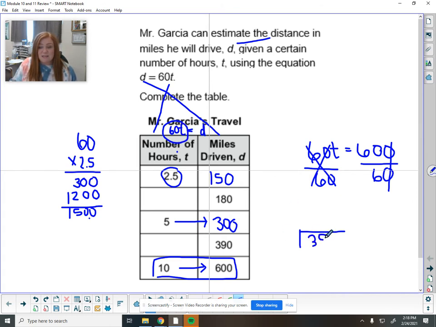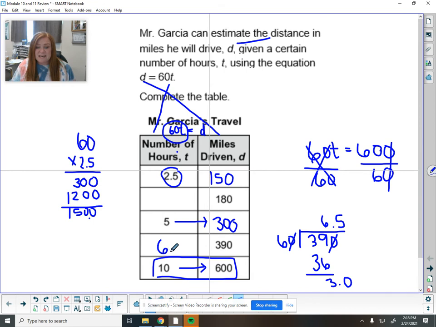So this first one is 390 divided by 60. I notice they both end in 0, so I can actually cancel those out. So 6 goes into 39 6 times, which is 36. 3 left over, bring a decimal down and a 0. And 6 goes into 30 5 times.